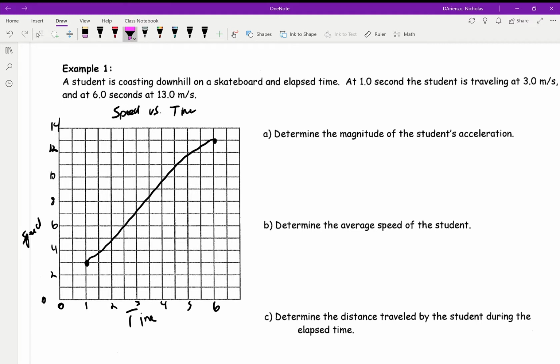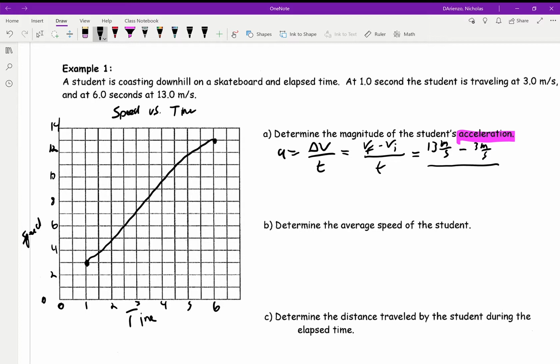Now if we're looking for acceleration, we know that acceleration is the change in velocity over time. And the change in velocity would be Vf minus Vi over t. We end at 13 meters per second, and our initial was 3 meters per second.